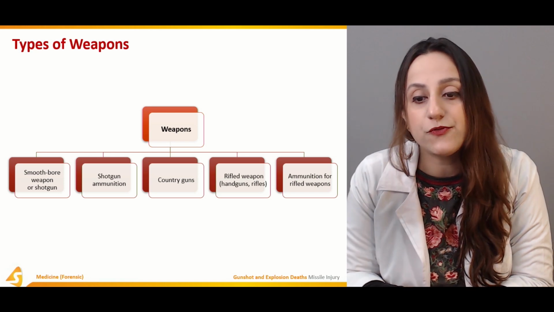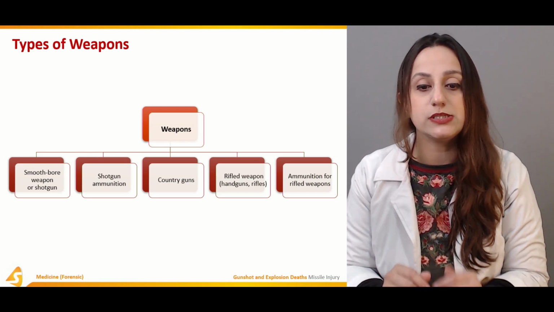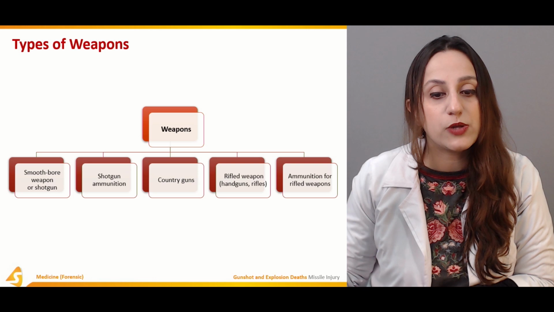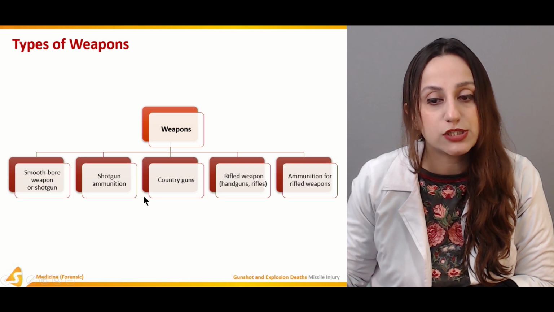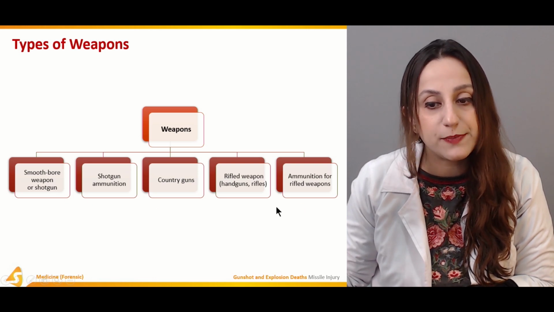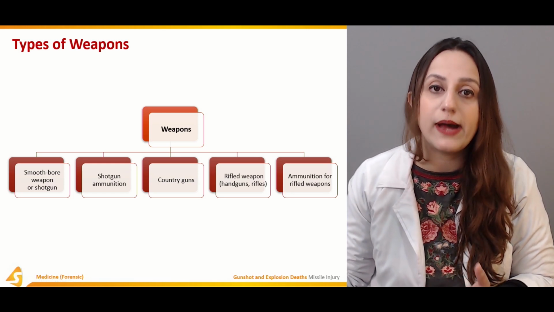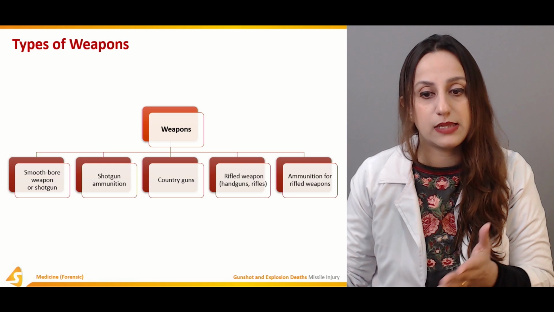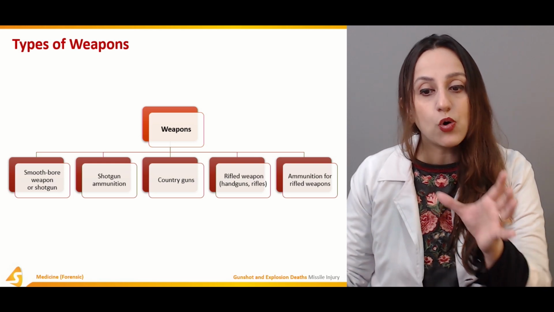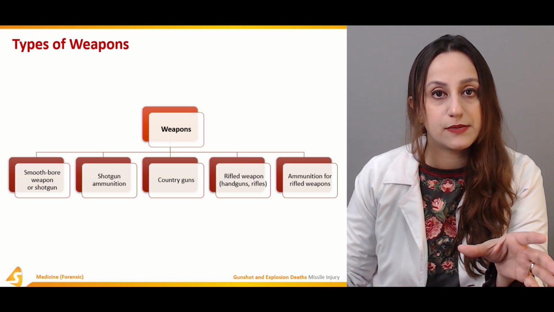So the ammunition for the rifled weapons is again very important. When we talk about the ammunitions of the shotgun and of the rifled weapons, the structures involved, for example the propellants and the wads that I'll be discussing in the next slide, will have a different composition.